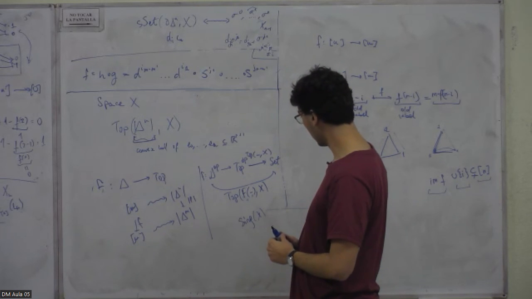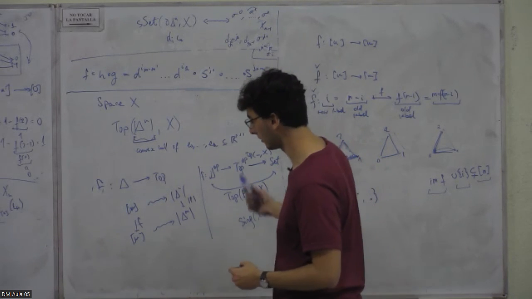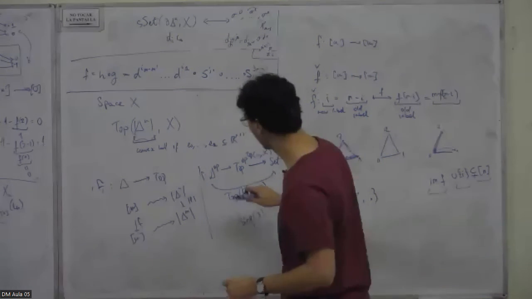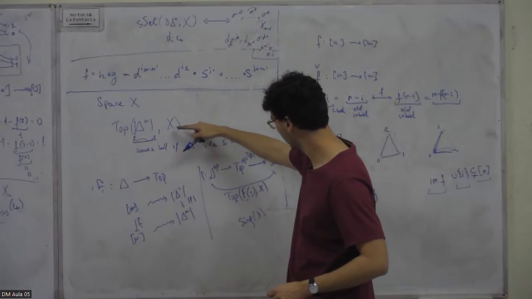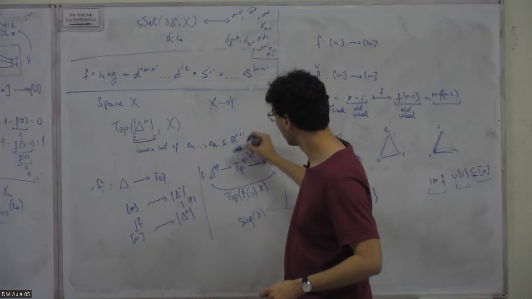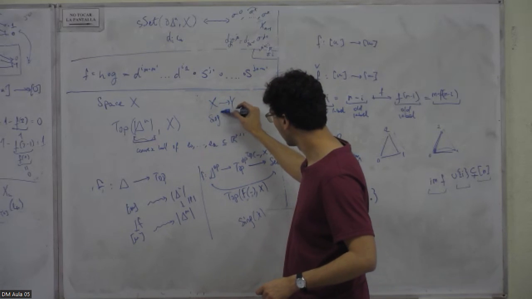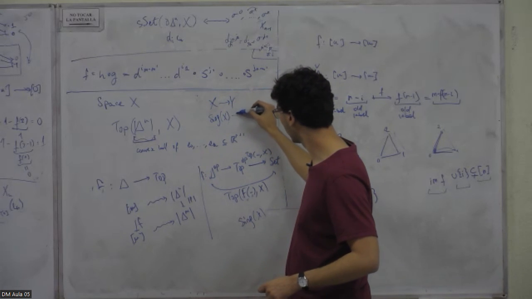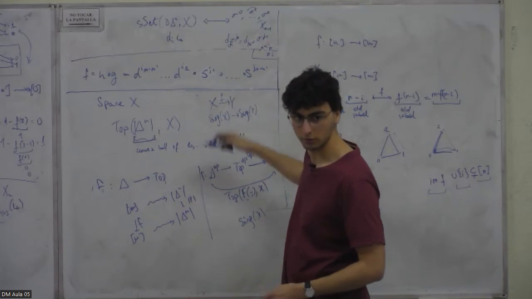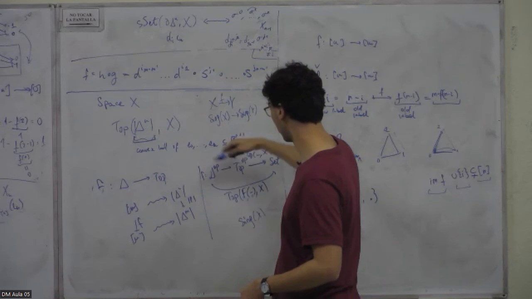And if you have a map from X to Y, you get a map from Sing X to Sing Y, which is basically post-composing with your map.